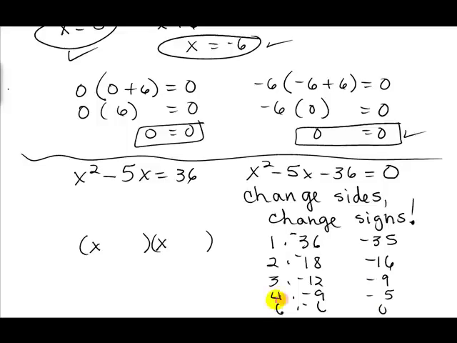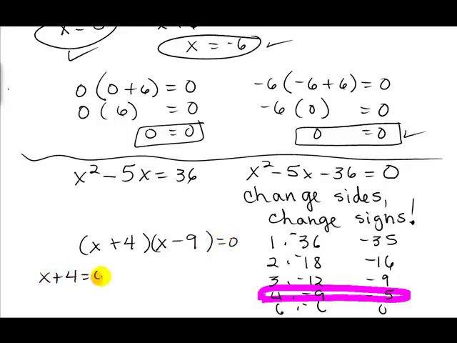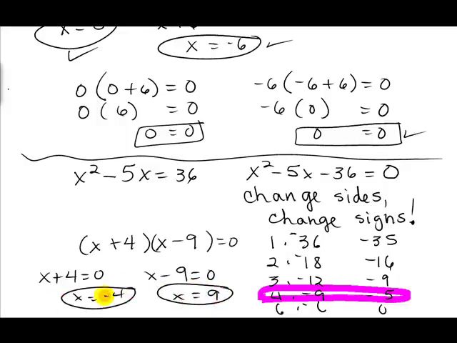A winner? Yes, we do. We need that -5. So I have x plus 4 times x minus 9, all of that equals 0. So x plus 4 equals 0, x minus 9 equals 0, x equals a -4, and a +9.